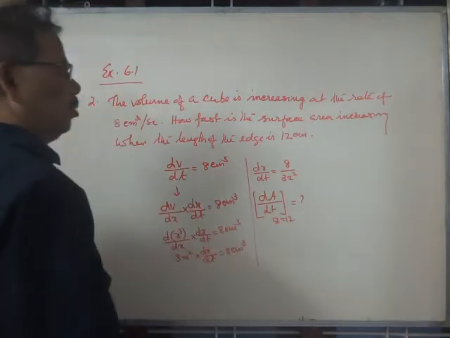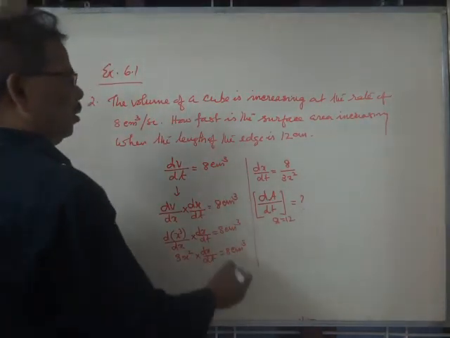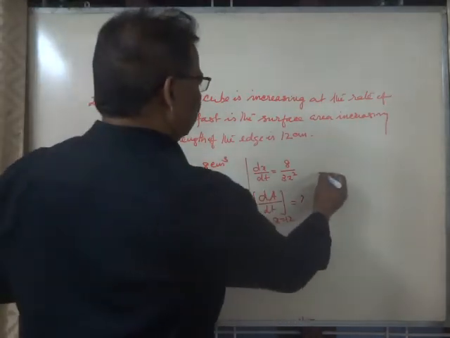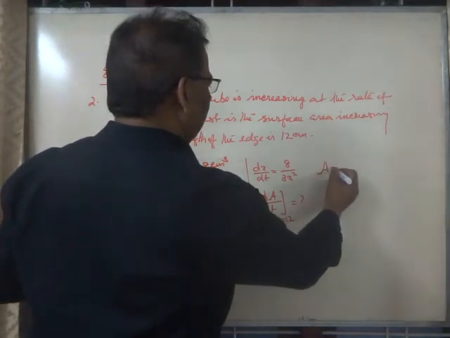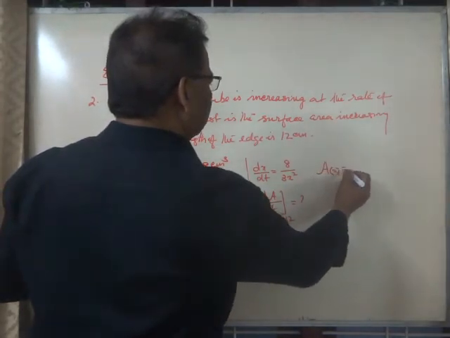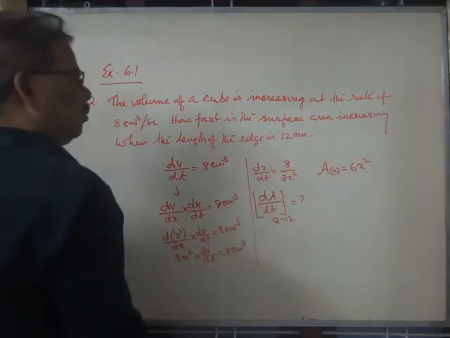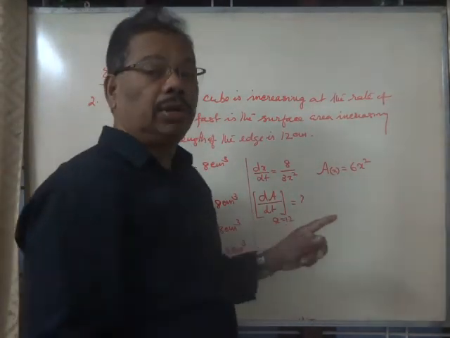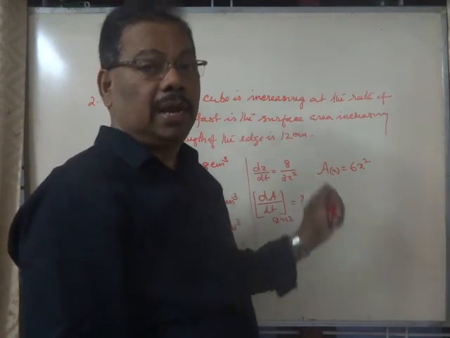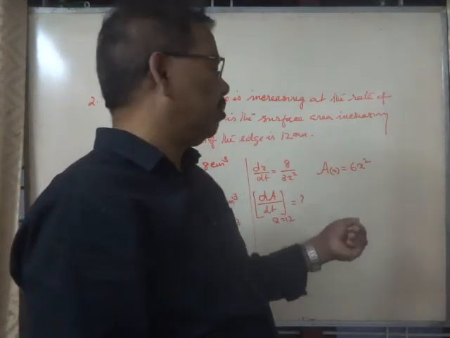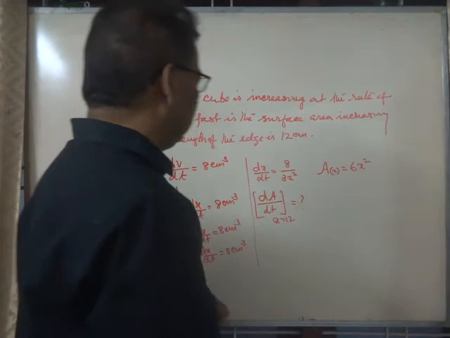This is to be found out. Now surface area is given by area is equal to 6x square. Surface area of a cube of side length x unit is given by 6x square.